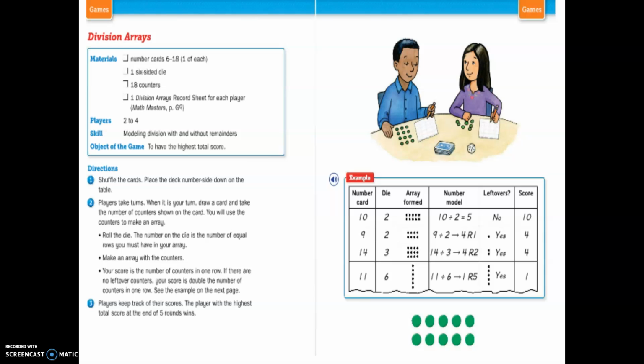You need 18 counters, so it could be pennies.